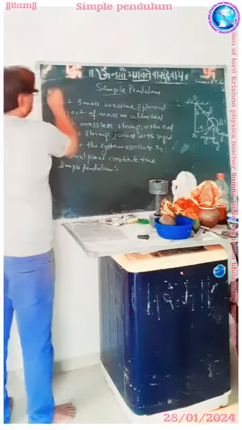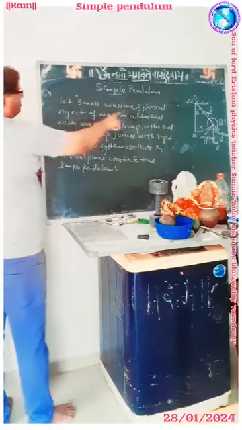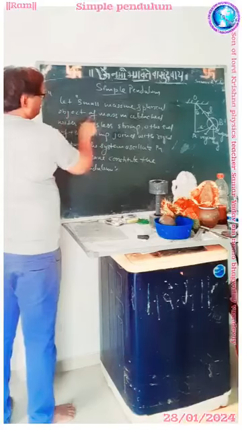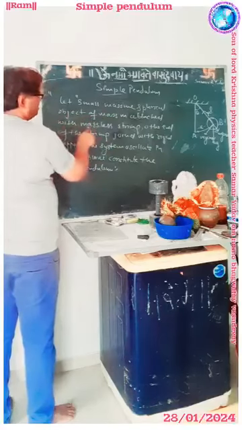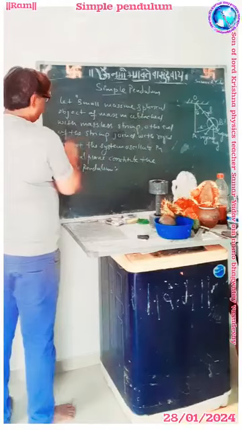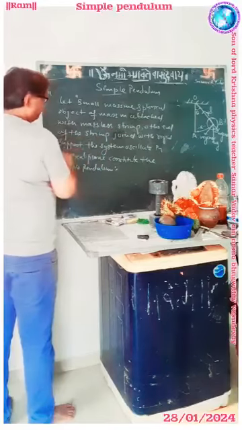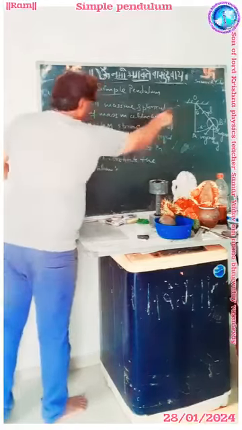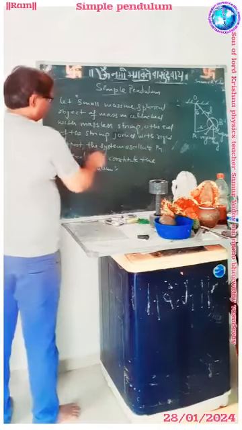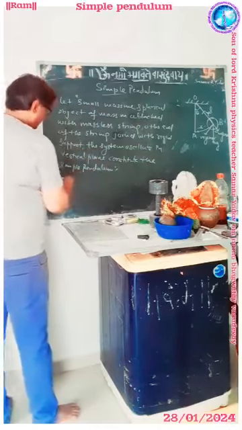So make a small massive spherical object of mass m attached with the massless string. The other end of the string is joined with the rigid support. You can see the rigid support, and the system is oscillating vertically, constituting a simple pendulum.